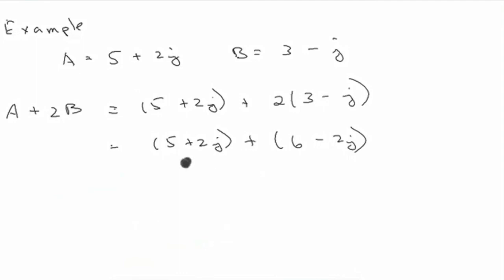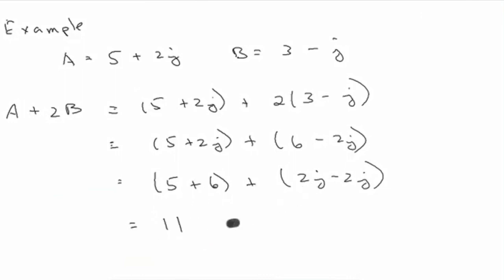Then we separate the real from the imaginary, and this will be 5 plus 6, then plus 2j minus 2j. In this case, your answer is only 11. Why? Because this is 0j. If it is 0j, you can simply write it as 11. You don't need to write 0j.